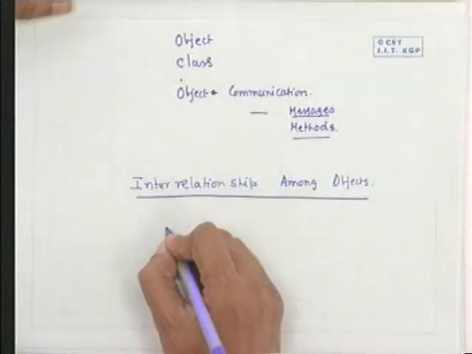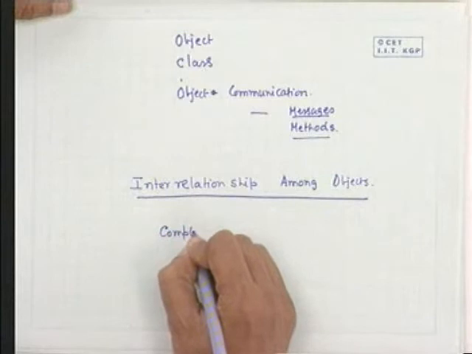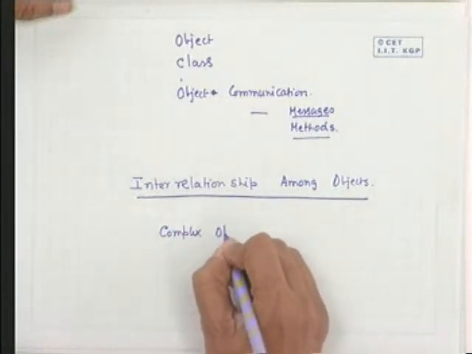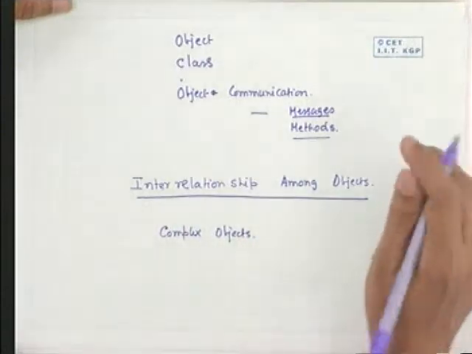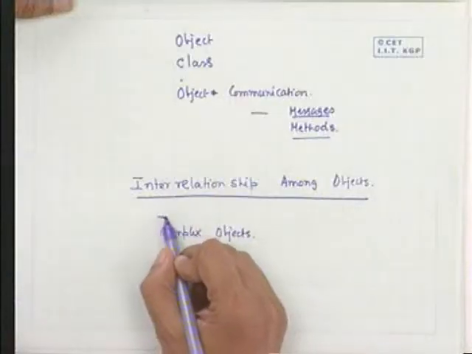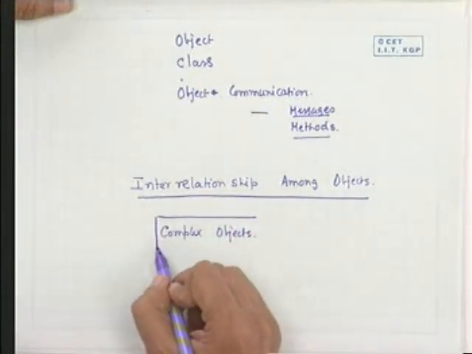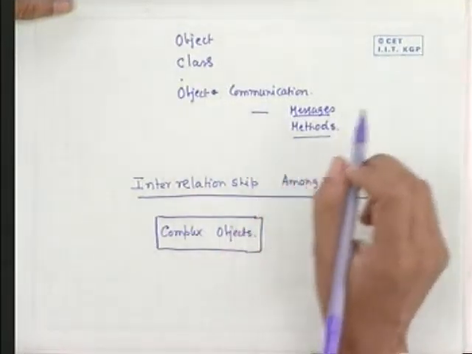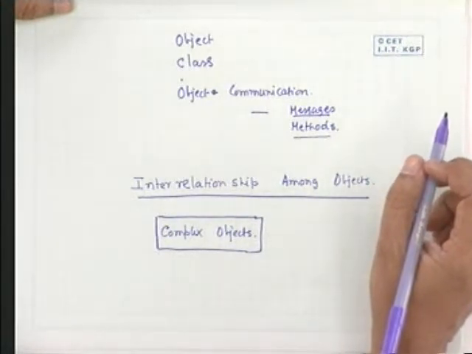So there will often exist quite a large number of relationships that may hold among the objects or the different types of classes. In order to build a complex object from very primitive objects, we have to define how the simpler objects can be combined to define a more complex object. The definition of the complex object will therefore incorporate the different types of interrelationships that may hold among the objects.